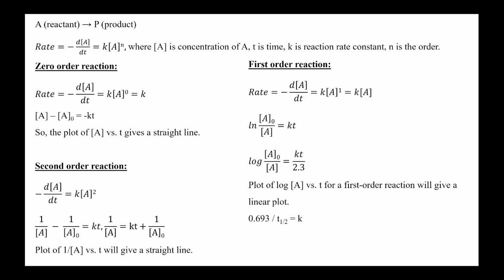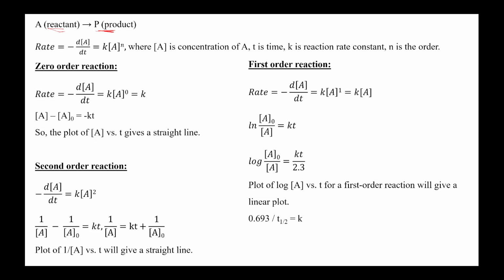If we have an arbitrary reaction, A, which is the reactant, and P, which is the product, the reactant is forming the product after certain time. In any case, the rate of a reaction is defined either as the amount of reactant that is being consumed or amount of product that is being formed in a particular time frame.